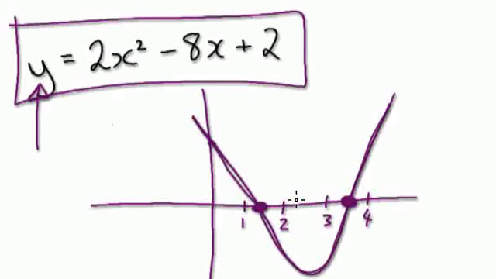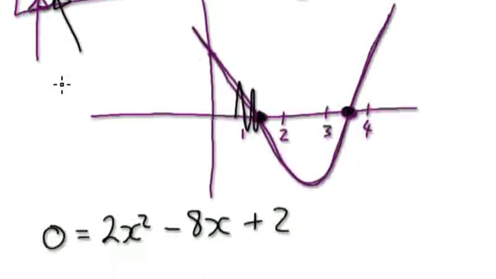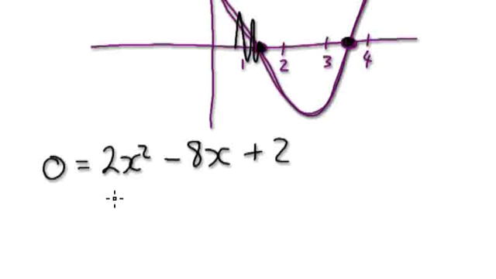So we are trying to find this point here and this point here. We know that the y value at these points will be 0, so we put the 0 into the y here. That takes us to here. Now divide everything by 2.